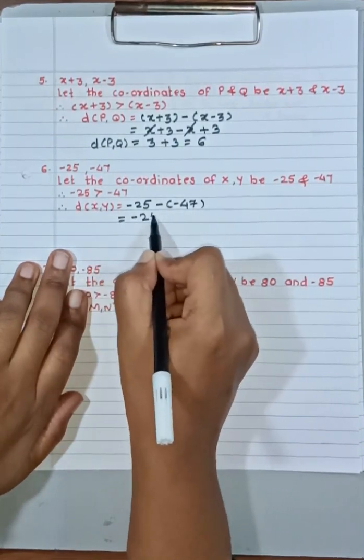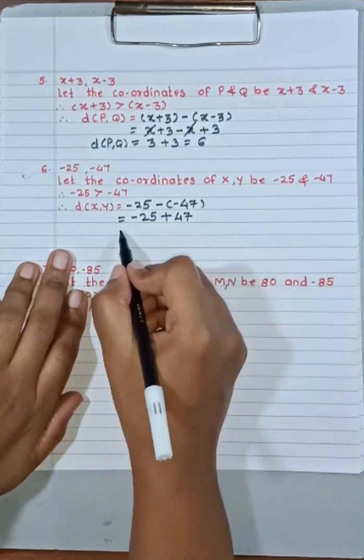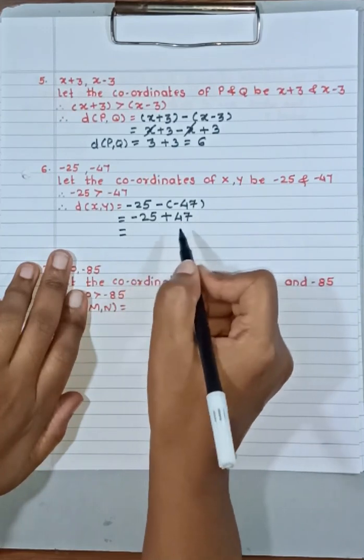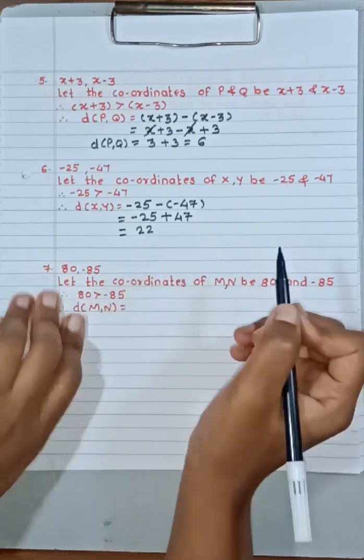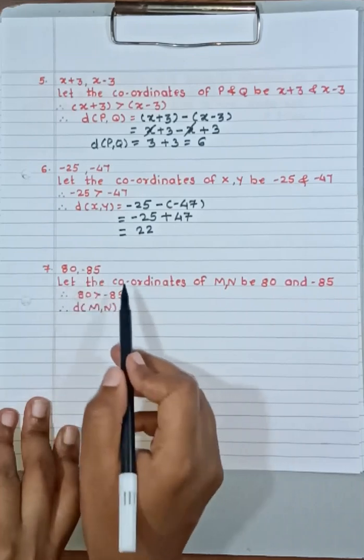Minus 25, this minus will become plus 47. Okay. Now, minus 25 plus 47 is how much? That is 22.